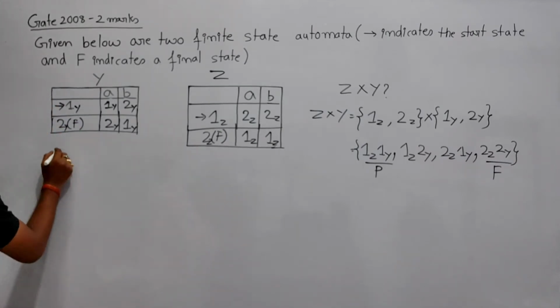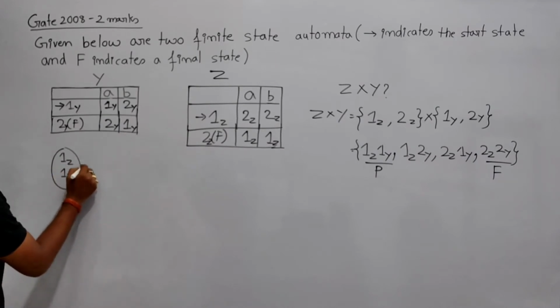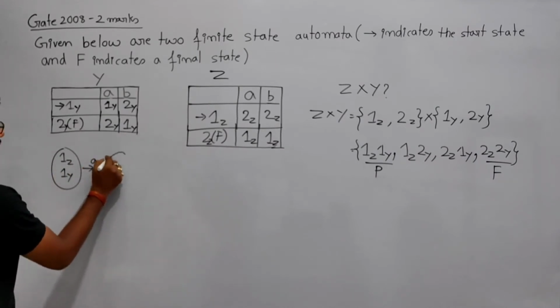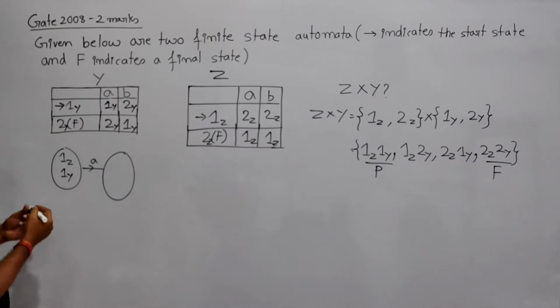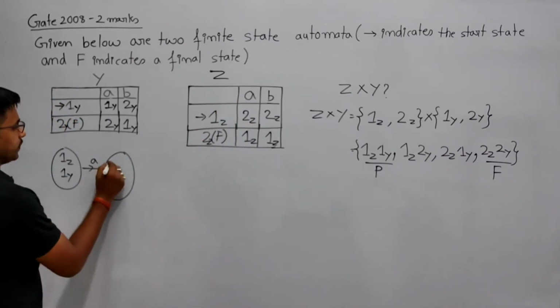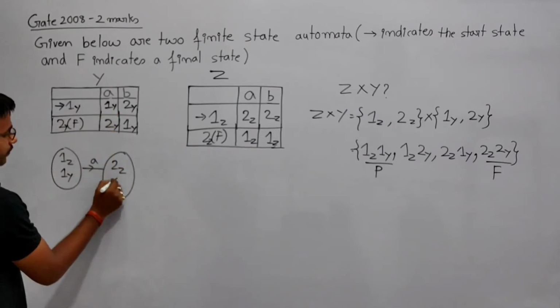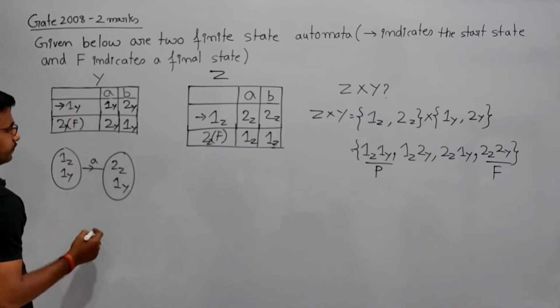So 1Z, then 1Y, on getting A, where is it going? 1Z on getting A goes to 2Z. 1Y on getting A goes to 1Y.